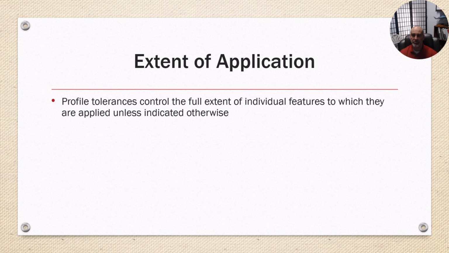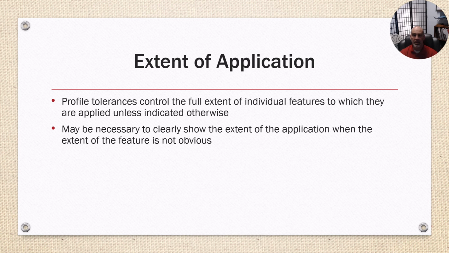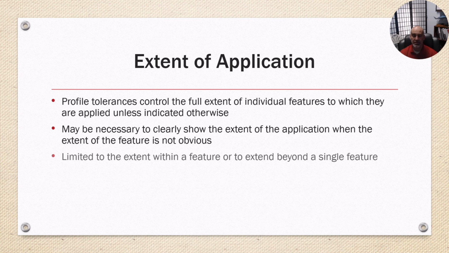Okay, extent of application. Profile tolerances control the full extent of individual features to which they are applied unless otherwise indicated. Okay, and they may be necessary to clearly show the extent of the application when the extent of the feature is not obvious, and limit to extent within a feature or extend beyond a single feature.